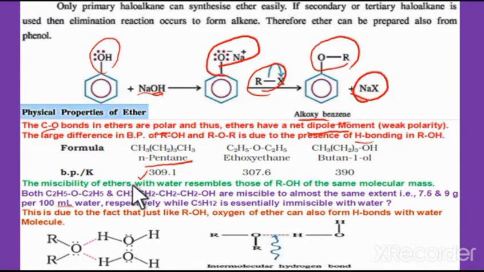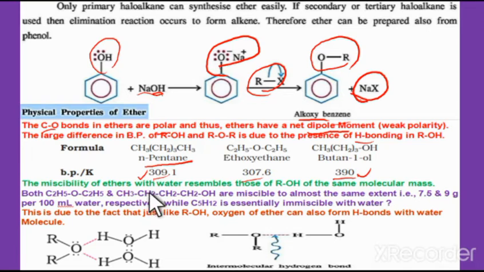The boiling point of n-pentane is 309.1 Kelvin, the boiling point of ethoxyethane is 307.6 Kelvin, whereas the boiling point of butan-1-ol is 390. If we compare these, the alcohol has a higher boiling point than the alkanes as well as the ethers. The alkanes and ethers have almost similar boiling points, because ethers, similar to alkanes, lack hydrogen bonding.